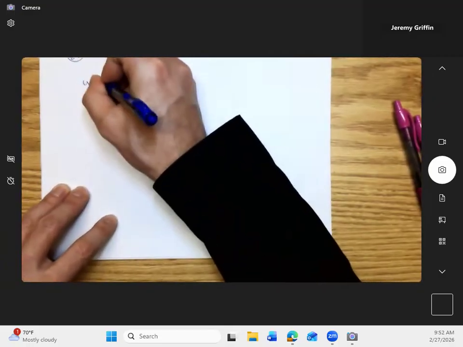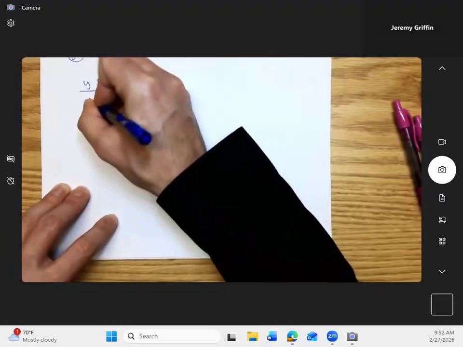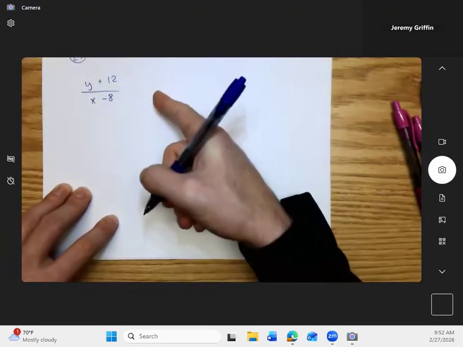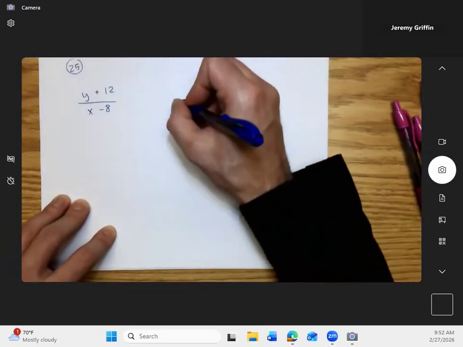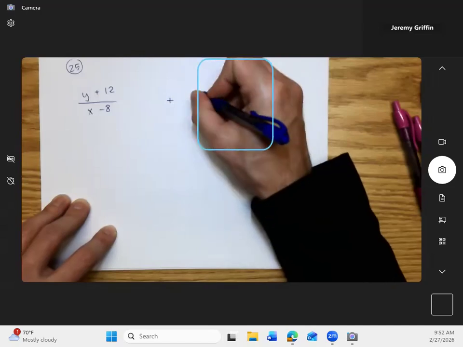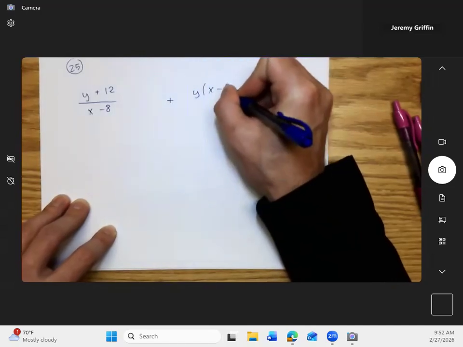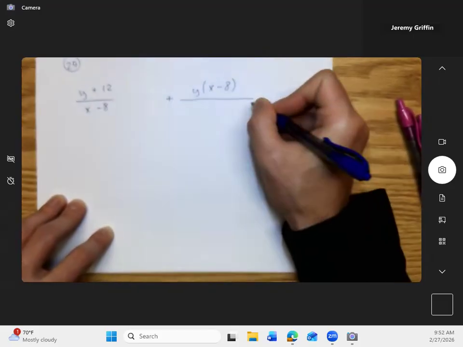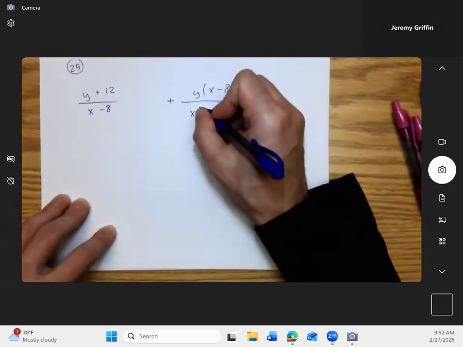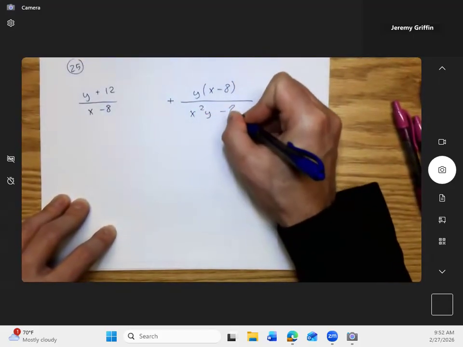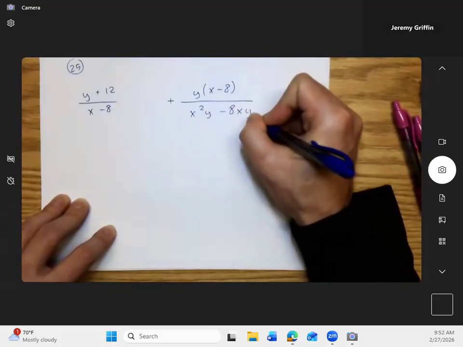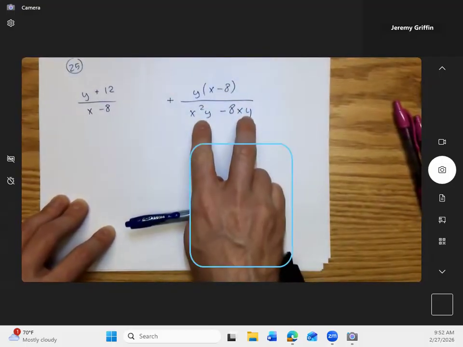We've got y plus 12 over x minus 8. Now, I'm going to leave a space here so I can get a common denominator. And we're saying plus y times x minus 8, all divided by x squared y minus 8xy. Now, I can definitely factor something out of this denominator. What can I factor out of the denominator?